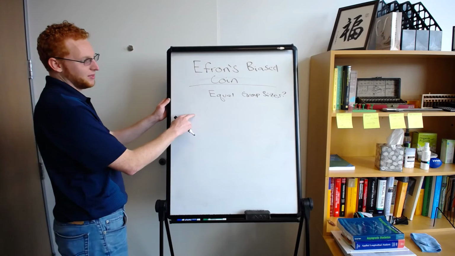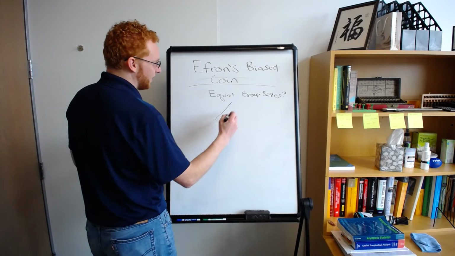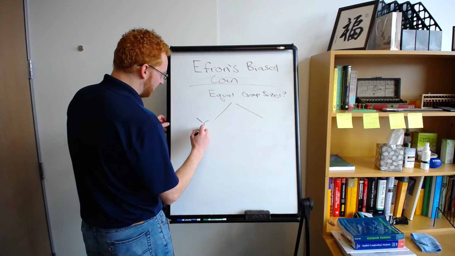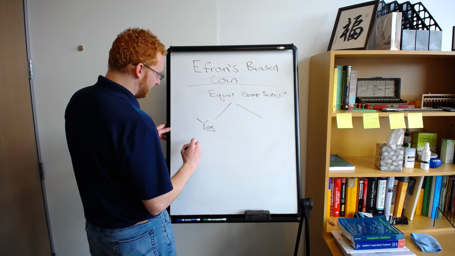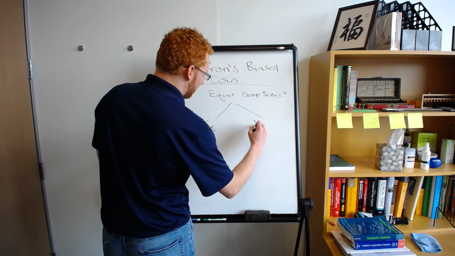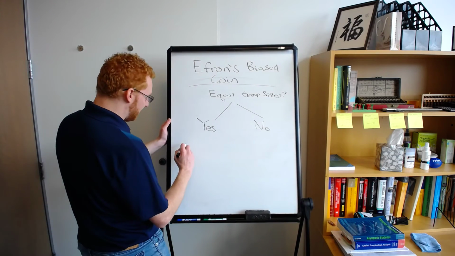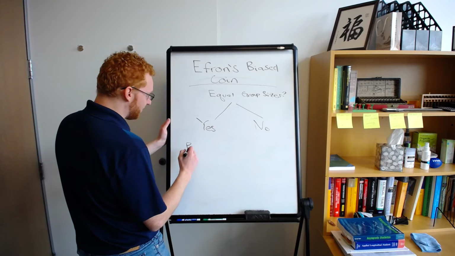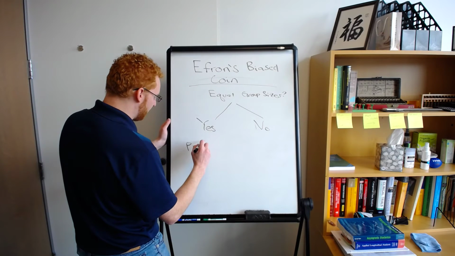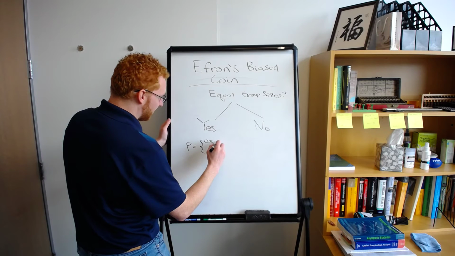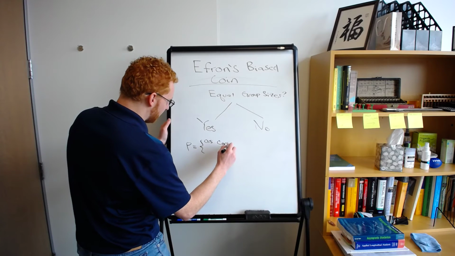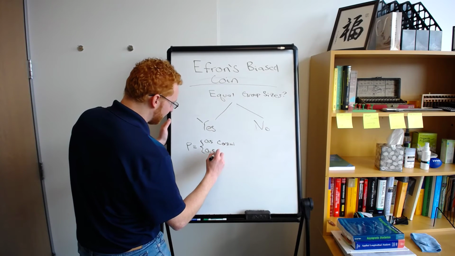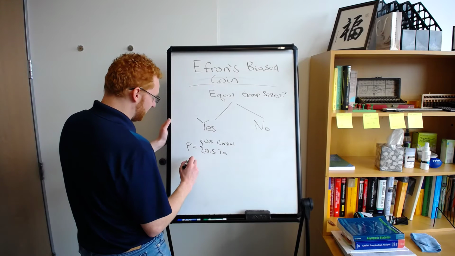So you have the treatment group and the control group. If it's equal, yes, then you do a coin flip. Control 0.5, treatment 0.5. That's known as a coin flip.